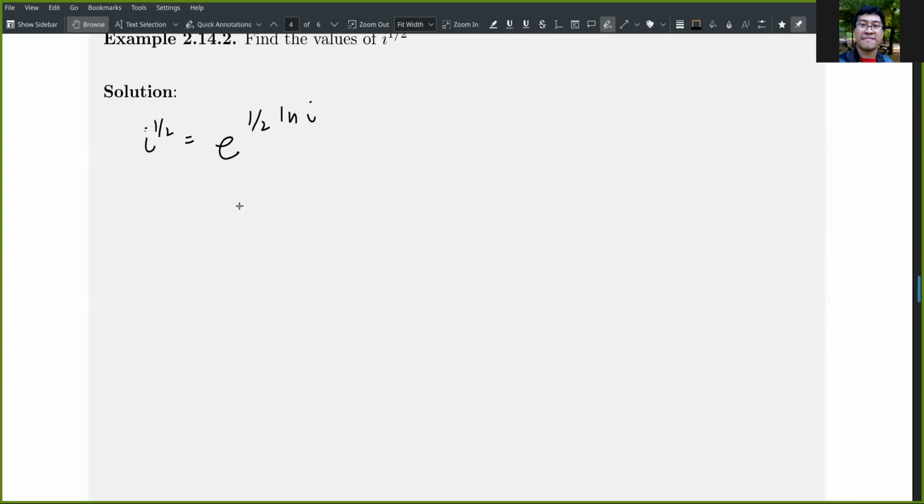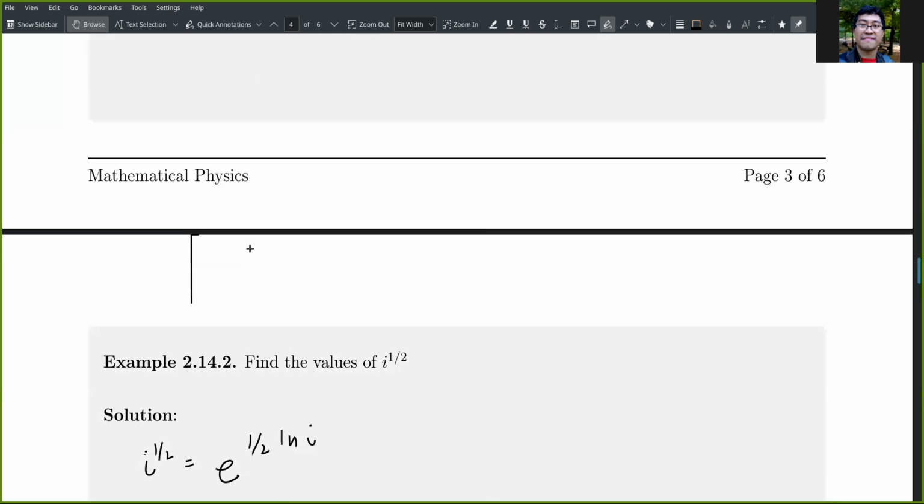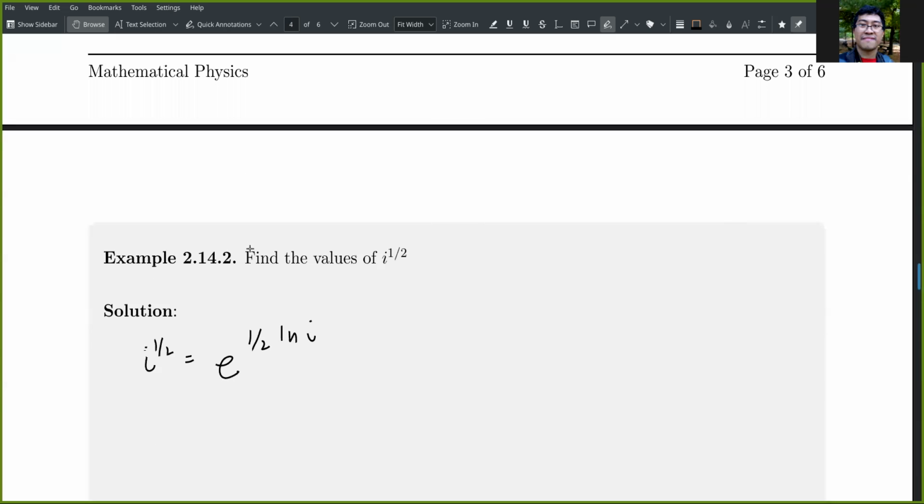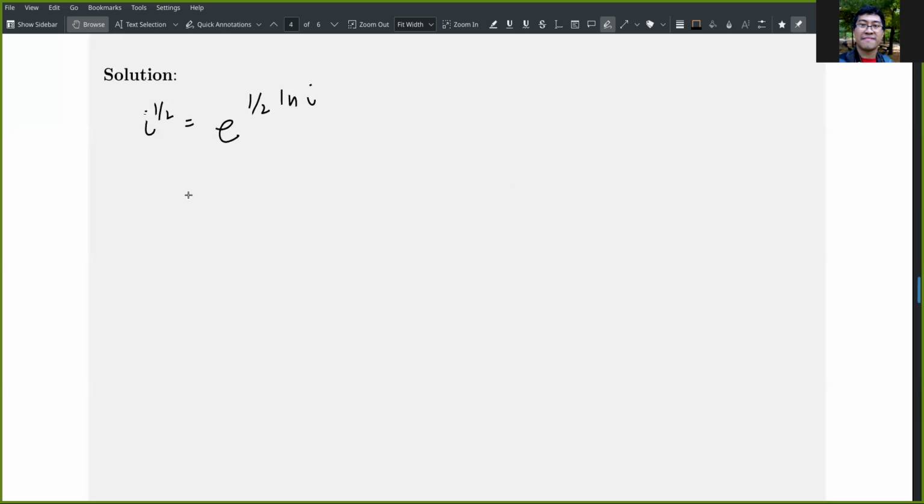Okay, so this is e to the power of 1 half. Ln of i is i pi over 2 plus and minus 2n pi.